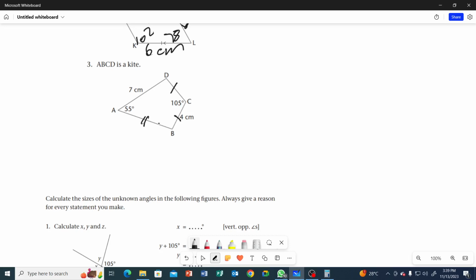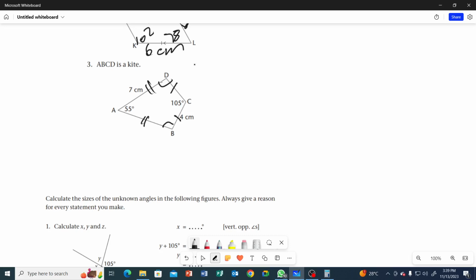Now, since a kite is a quadrilateral, that tells us that the sum of angles inside a kite add up to 360 degrees. Okay, now let us solve for the angles.